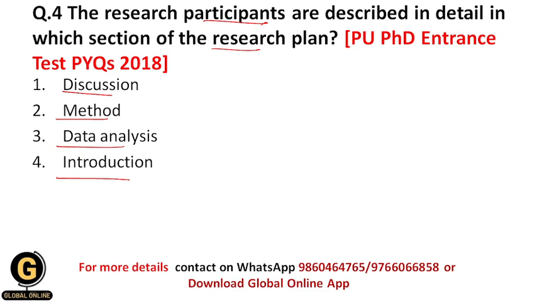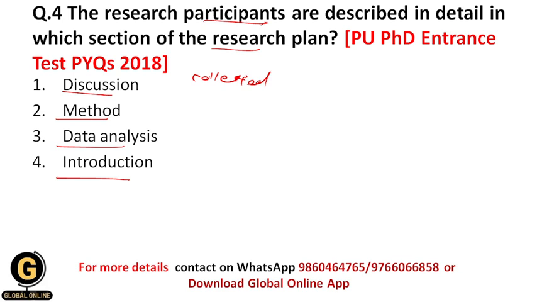So these are the different sections that are there in the research plan, but there is only one section in which we provide all the information about research participants, like how we have collected the data from research participants, how we have encouraged the different participants to get in the research study. Then as well, different characteristics of the research participants are described in detail in that research section.